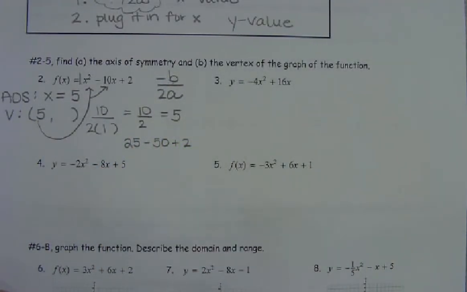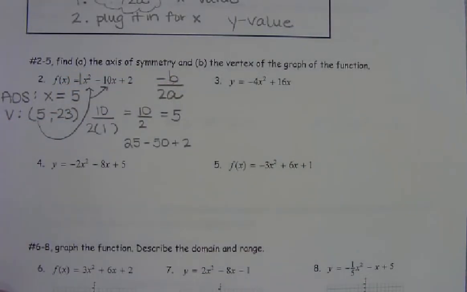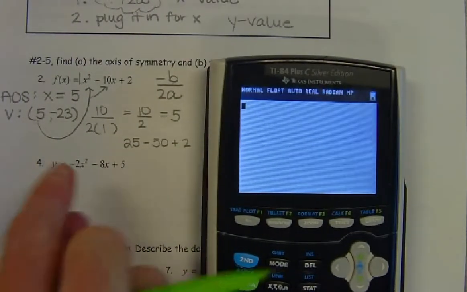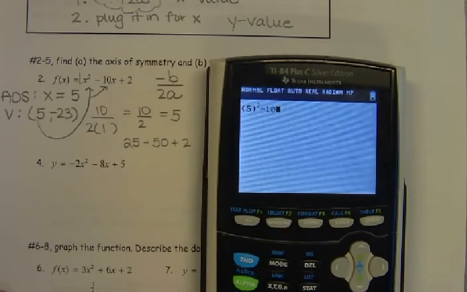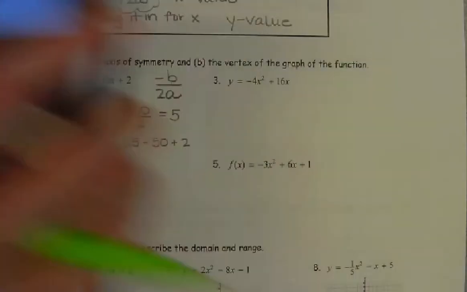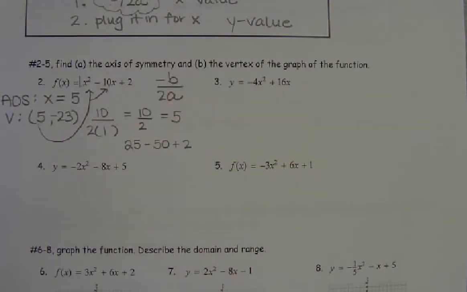If I add all 3 of those together, I get the value of negative 23. If that's hard for you, you could have gotten your calculator out and plugged it in there. Just make sure when you plug this value in, you put it in for the variable in parentheses. So I have 5 squared minus 10 times 5 plus 2, and I get my value of negative 23. So my axis of symmetry is x equals 5. My vertex is 5, negative 23.